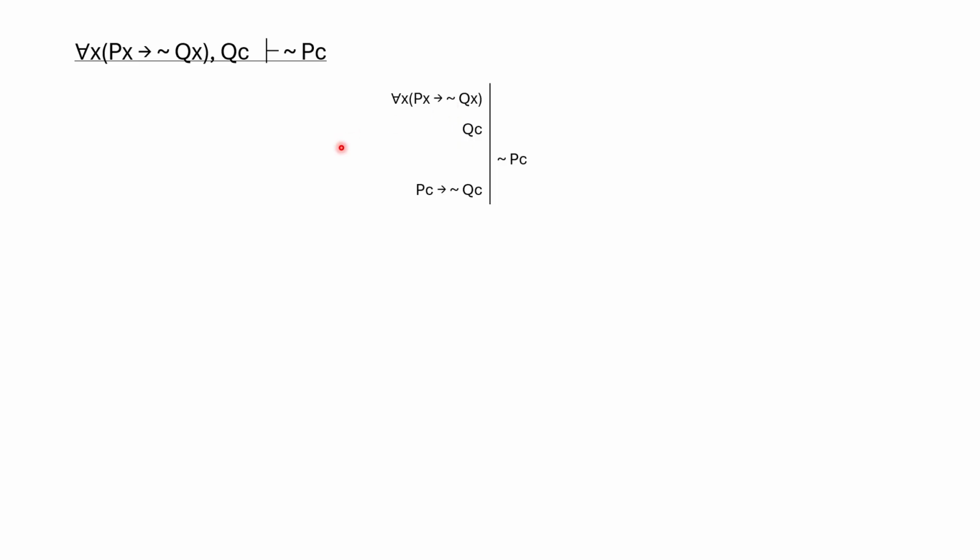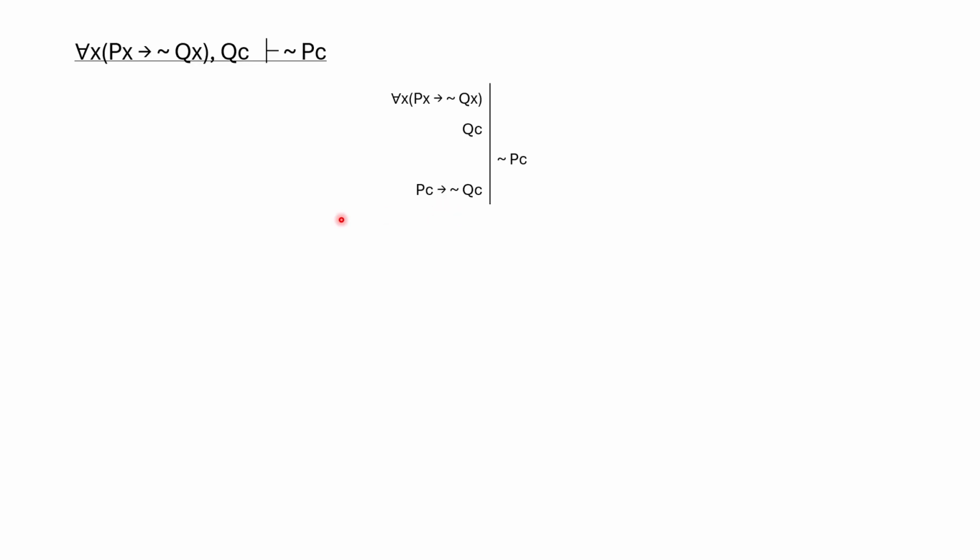Same thing with any other letter that I pick. I choose the letter to fill in the variable based on what already appears in the truth tree because my goal is to find a contradiction. So I use my universal quantifier rule to just put the C in and remove the quantifier.